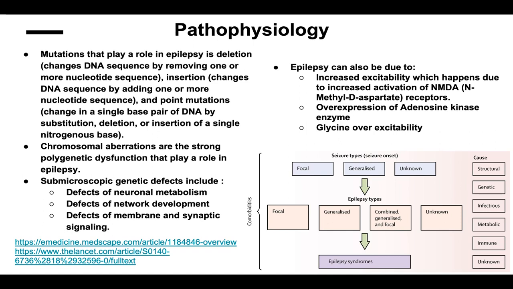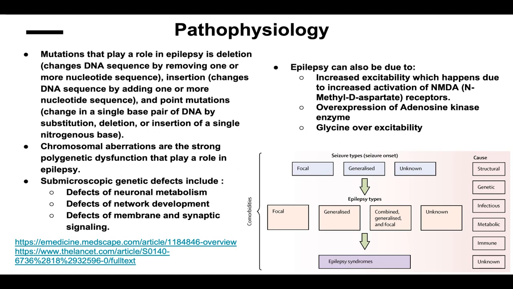Epilepsy can also be due to increased excitability, which happens due to increased activation of NMDA, which is N-methyl D-aspartate receptors, overexpression of adenosine kinase enzyme, as well as glycine overexcitability.